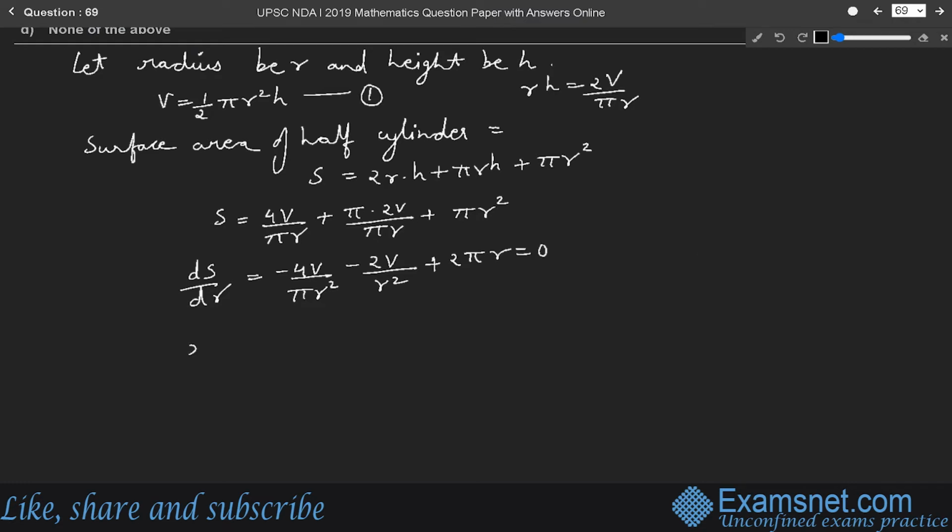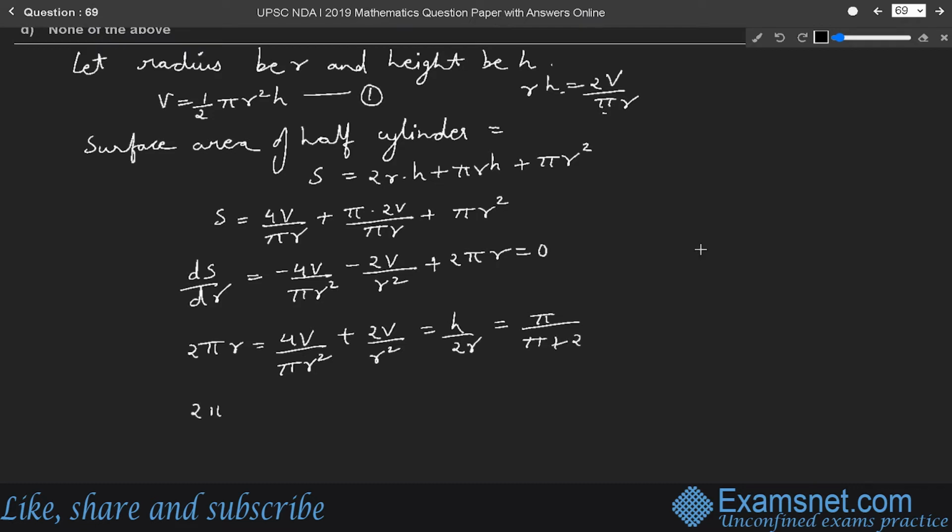On further solving, 2 pi r will be equal to 4v upon pi r square plus 2v upon r square, which is equal to h upon 2r, because we know that r h is equal to 2v upon pi r, and this will be equal to pi upon pi plus 2.